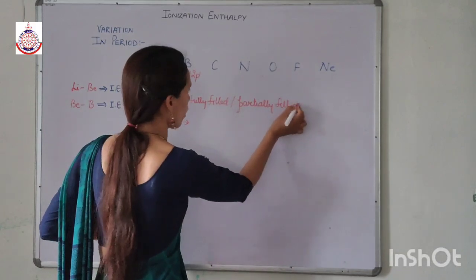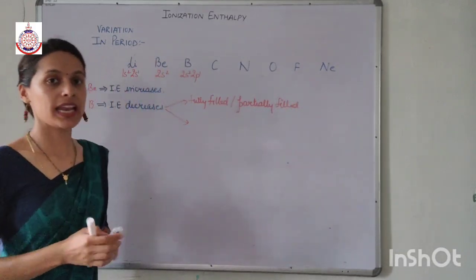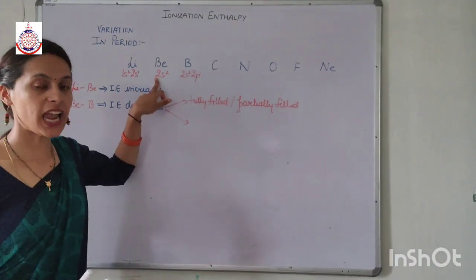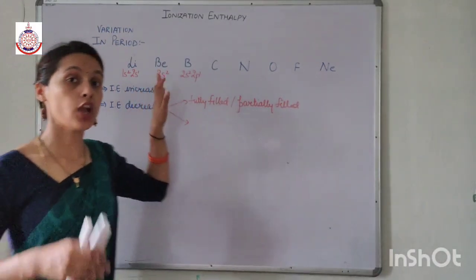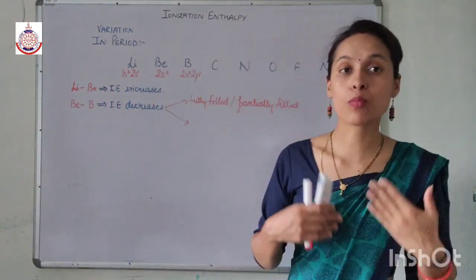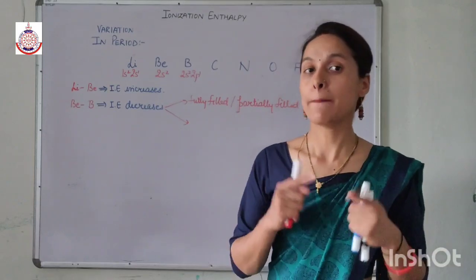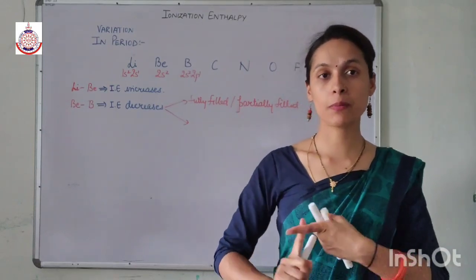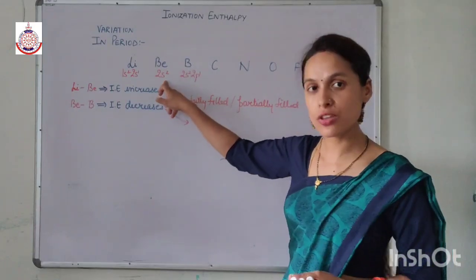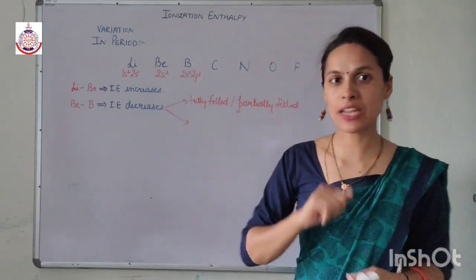So in boron we have to remove an electron from a partially filled orbital, whereas in beryllium we have to remove the electron from a fully filled orbital. And we know that fully filled orbitals are more stable than partially filled orbitals. Therefore, it becomes difficult to remove the electron from the s orbital as compared to the p orbital.